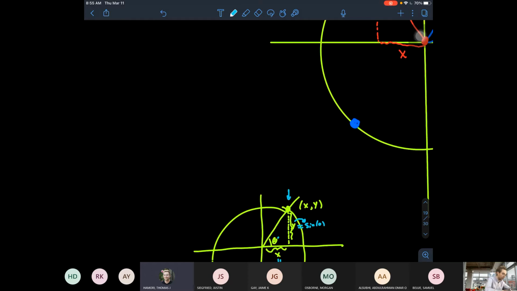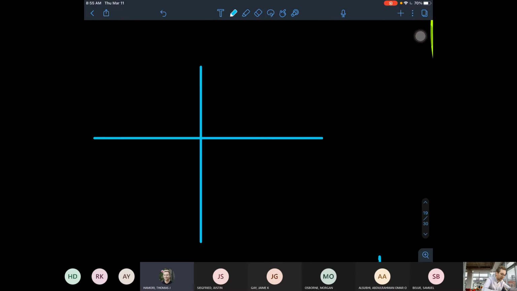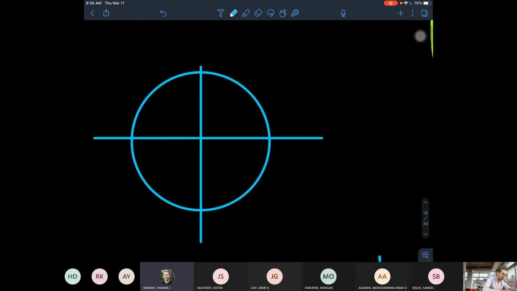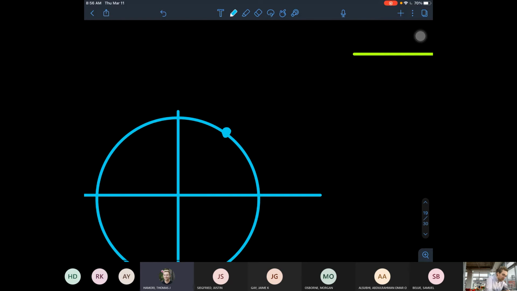So if we have a unit circle, we can describe any point on it as the point cosine theta comma sine theta, where theta is the angle measurement from the x-axis here.